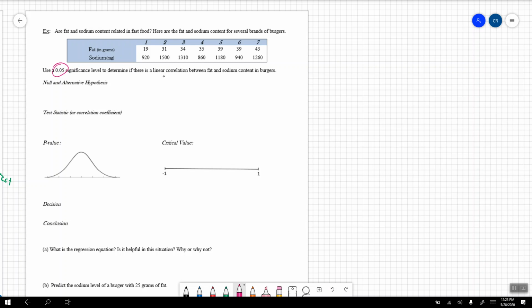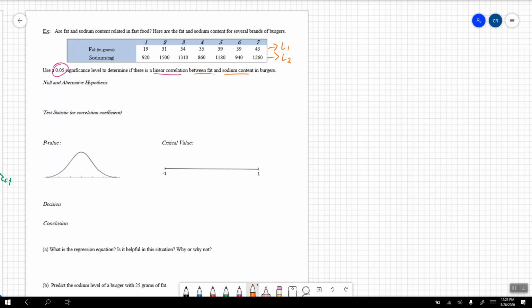This is to determine if there is a linear correlation. So now I'm going back into that linear correlation process between fat and sodium content in burgers. That tells me that row 1 I'm going to interpret as list 1, and row 2 as list 2. That way I can extract the R value that I'm looking for.